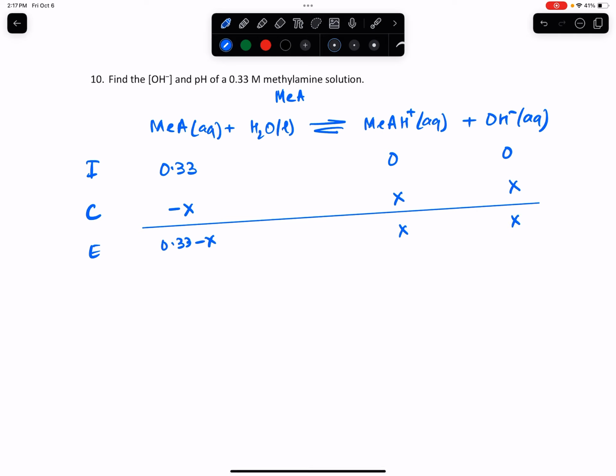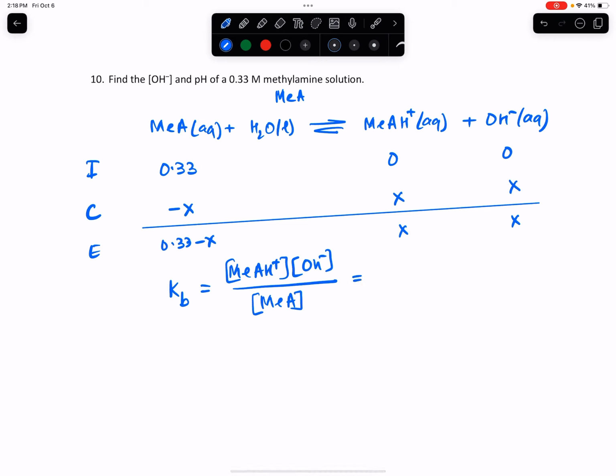So now the equilibrium expression for this, because we're dealing with a base, is Kb, which is the base dissociation constant, equal to the concentration of MEAH plus times the concentration of OH minus divided by the concentration of MEA.